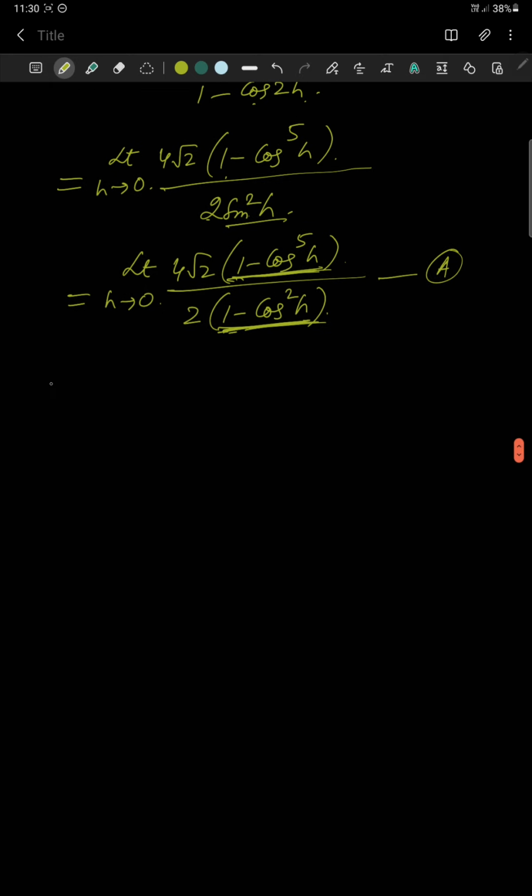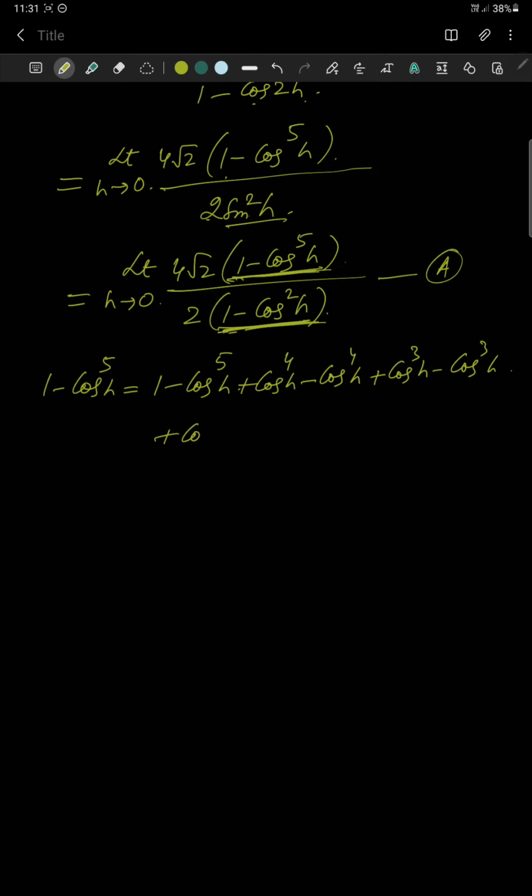So 1 minus cos 5h can be written further as 1 minus cos 5h plus cos 4h minus cos 4h plus cos cube h minus cos cube h plus cos square h minus cos square h plus cos h minus cos h.